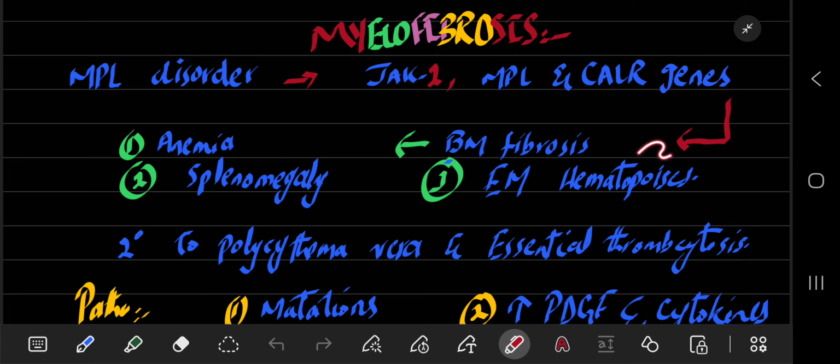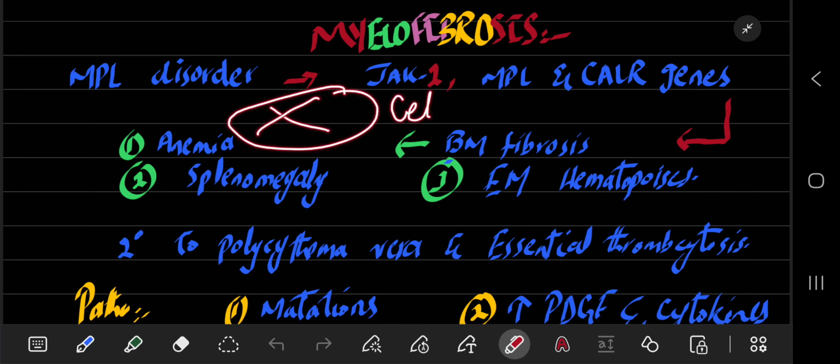It leads to increased production of platelet derived growth factor plus cytokines, and when these are produced then these lead to bone marrow fibrosis. And when there is marrow fibrosis, then bone marrow is unable to produce the cells and it leads to anemia.